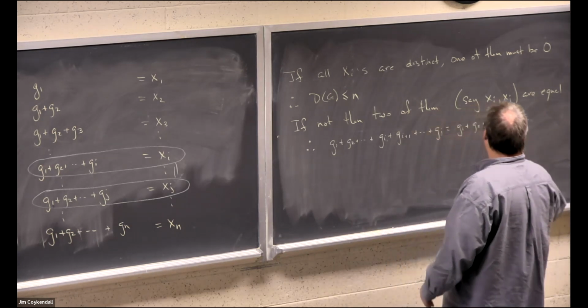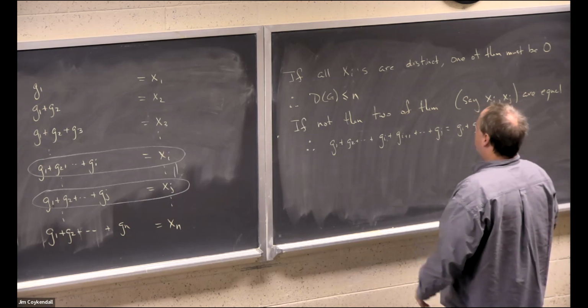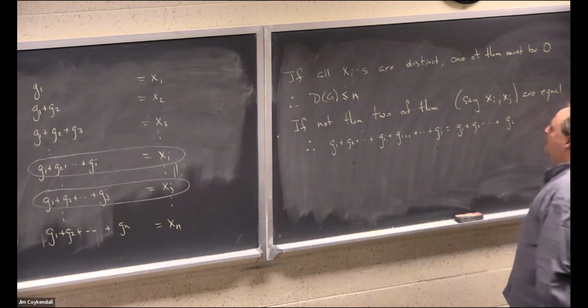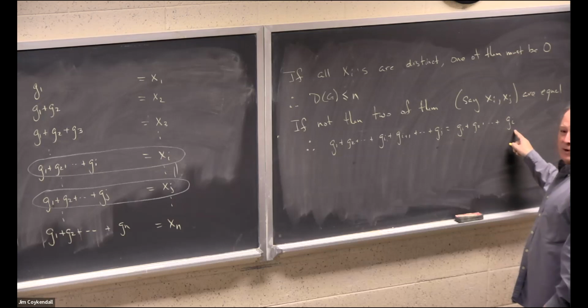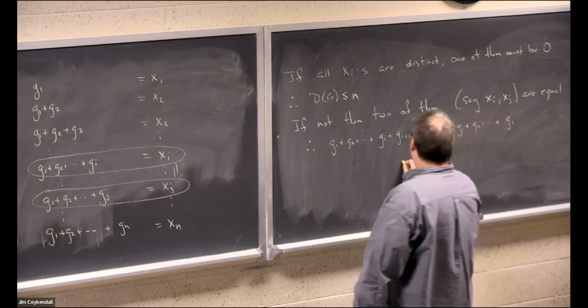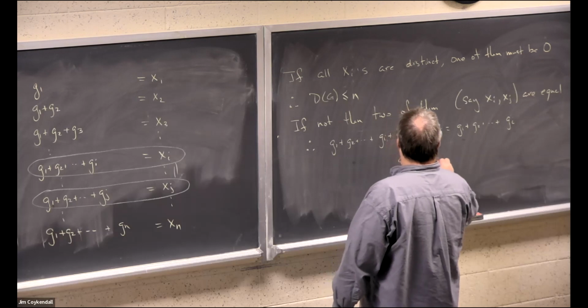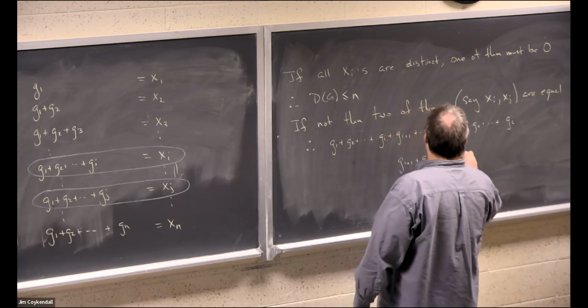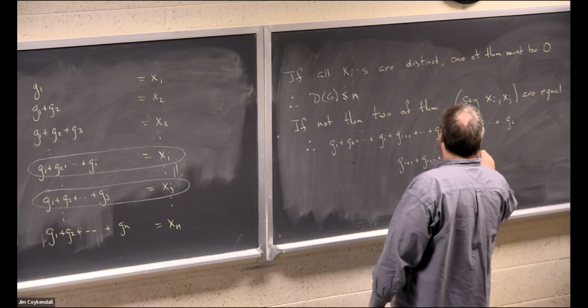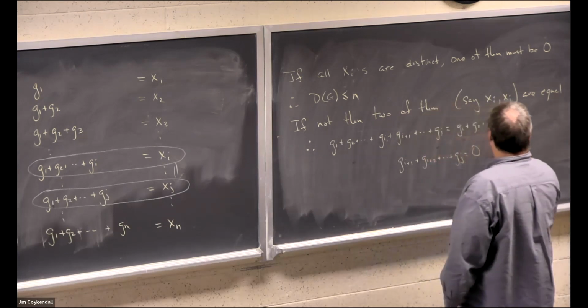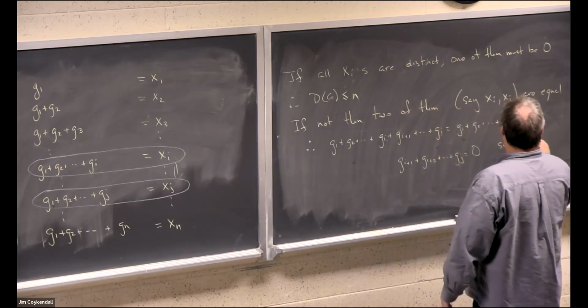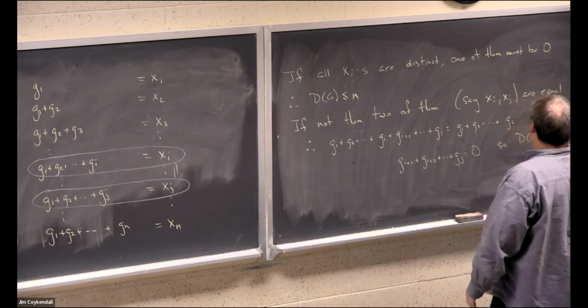So subtract these offending g1 to gi off both sides, and you get g(i+1) plus g(i+2) plus through gj is equal to 0. So again, the Davenport constant is at most n.